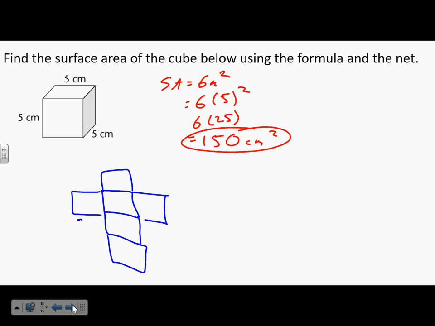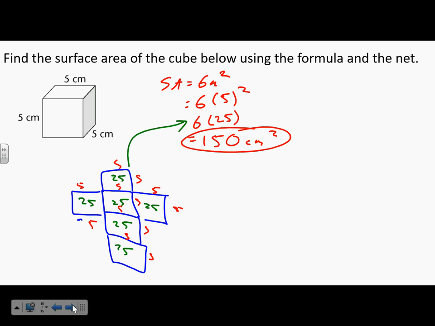This is 5 by 5, 5 by 5, 5 by 5, 5 by 5. This is 5 by 5, 5 by 5. So if you get the area of each one of these, every square, that means this area is 25, 25, 25, 25, 25, 25, and if you look, there is 6 of them.